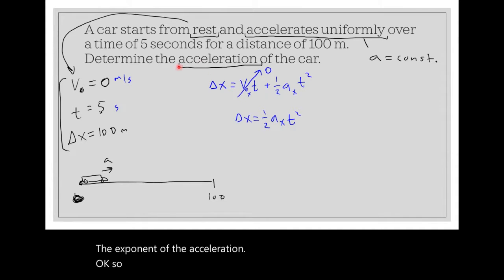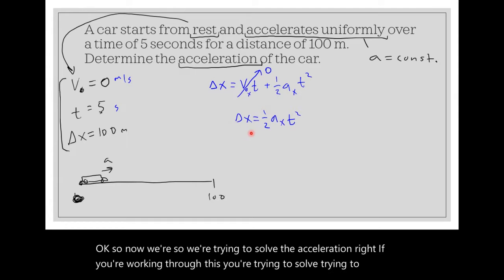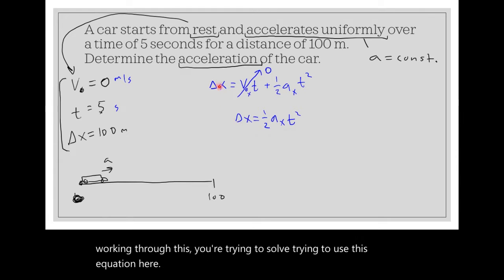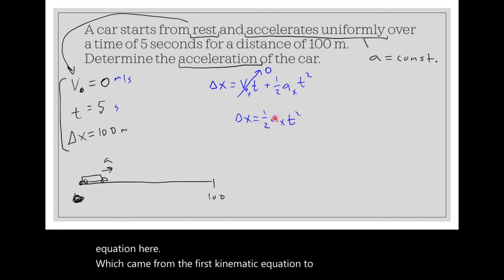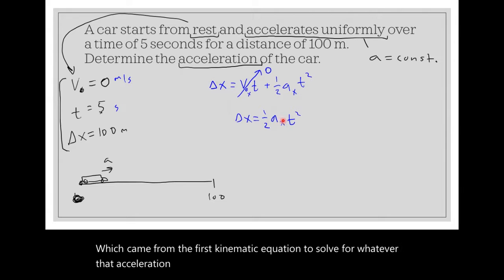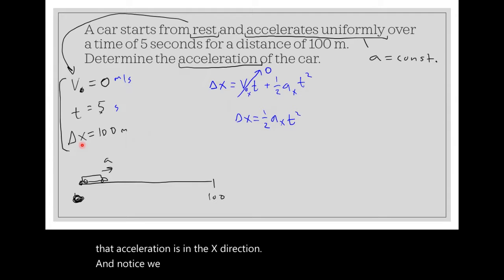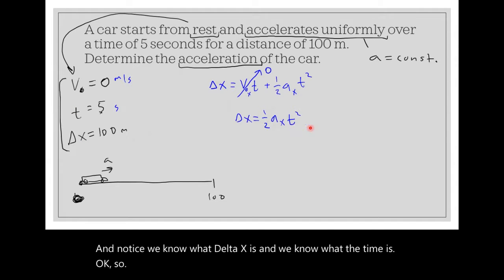So now what? We're trying to solve for the acceleration, right? If you're working through this, trying to use this equation, which came from the first kinematic equation, to solve for the acceleration in the x direction, notice we know what delta x is, and we know what the time is. So we can solve for this.